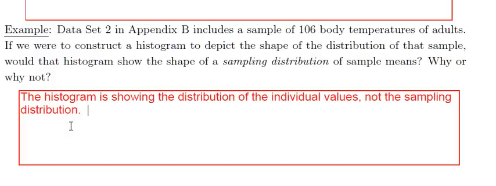So there's a difference between showing the sampling distribution, which is the distribution of x bars, versus just the distribution of the individual values you get in your sample.